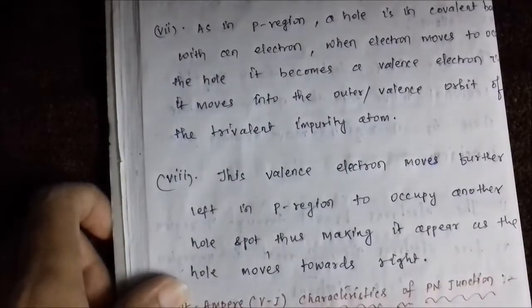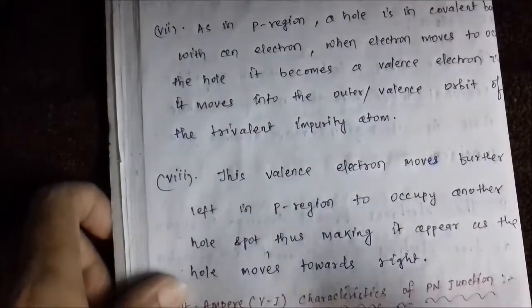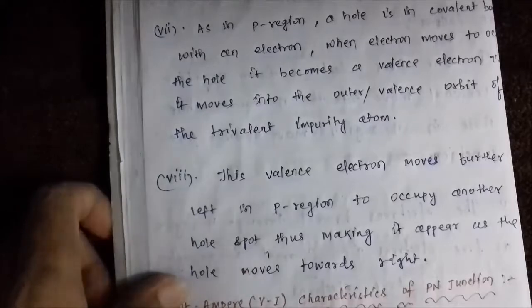So the movement of holes, which is generally the term used, is hypothetical. There is no such movement of holes. It is actually the movement of electrons which changes the position of the vacant spot or the hole. That is termed as the movement of holes.